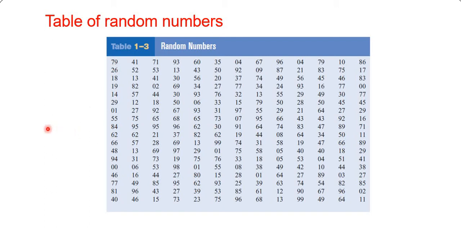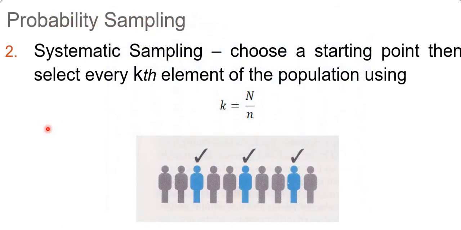Now, another sampling technique is systematic sampling, wherein we choose a starting point, then select every kth element of the population using this specific formula. How does this work? In simple random sampling we just randomly chose our members based on the fishbowl technique or random numbers.